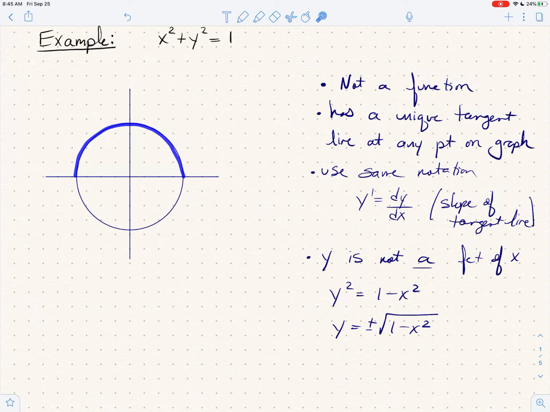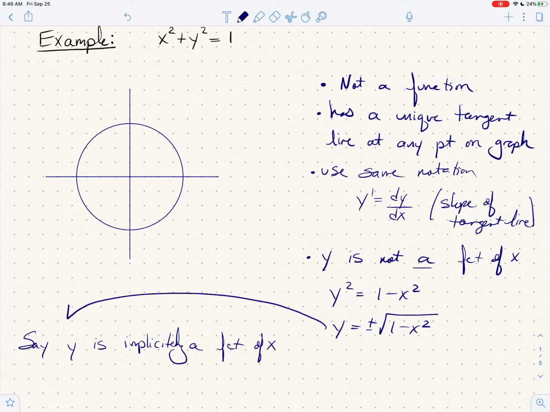It does pass the vertical line test. Negative the square root gives you the bottom half, and that's a function as well. So y is not explicitly a function of x, but in this context we say y is implicitly a function of x. And so I'll put an arrow over there.